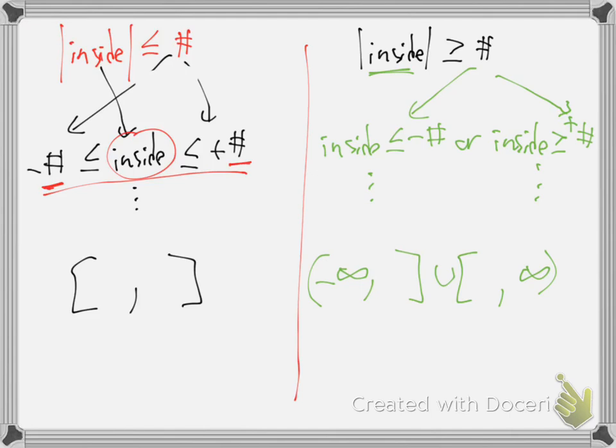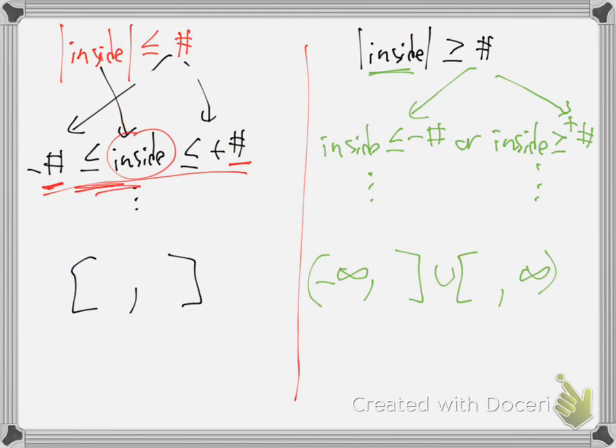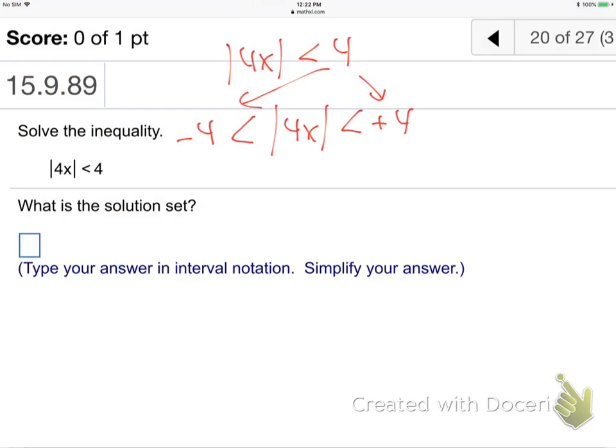So -4 is less than... Okay, so let me try it. So here we go. You put the -4 over here and the +4 over there like that. And they're both less than. See how they're both less than? Because that's the small, the medium, and the large. Whenever you do the compound, it's both less than.